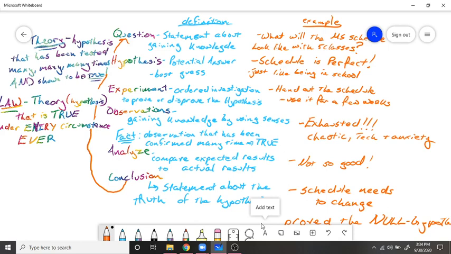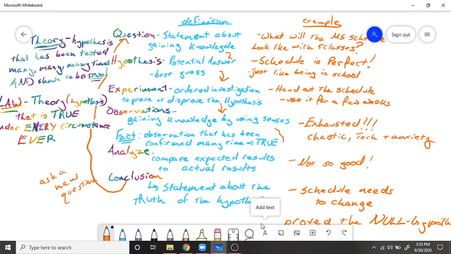So now I'm going to ask a new question. I'm going to generate a new hypothesis. I'm going to do a new experiment. I'm going to make new observations.